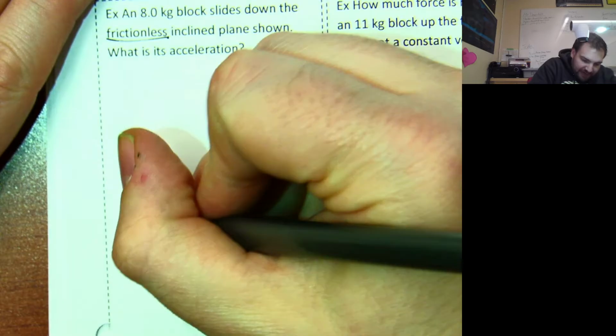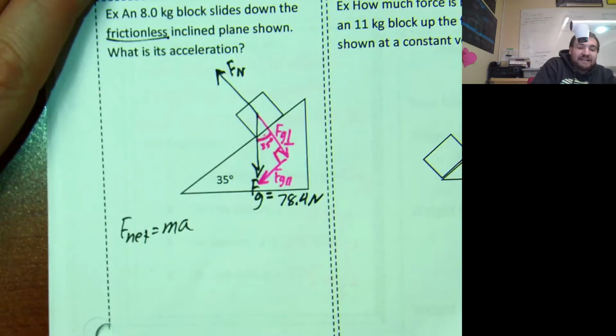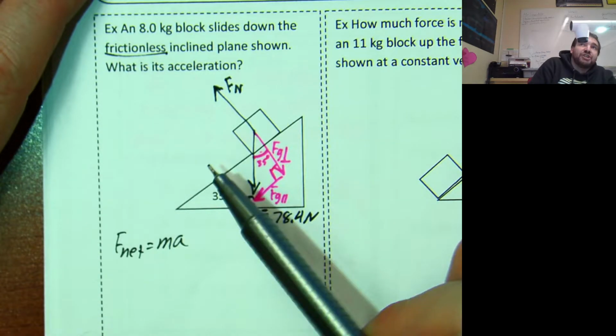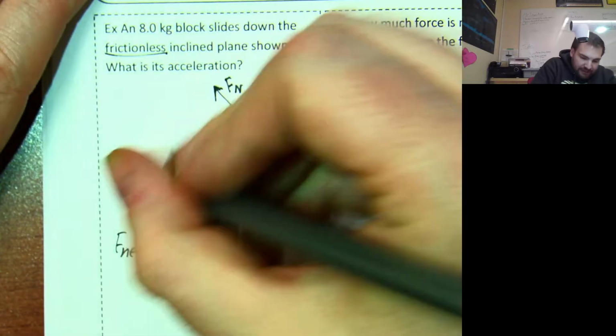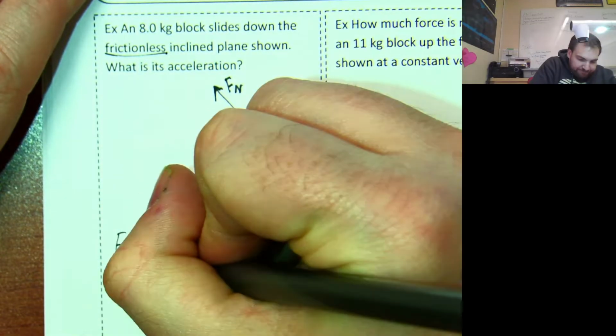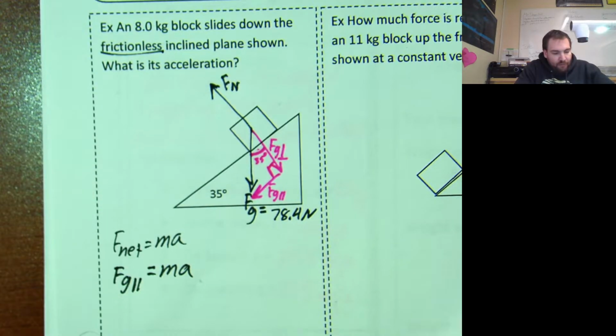F net equals ma. And the only force acting in the direction of the motion of this block is FG parallel. And that's only true because the surface is frictionless, which you're going to see here in a sec. So FG parallel equals ma.